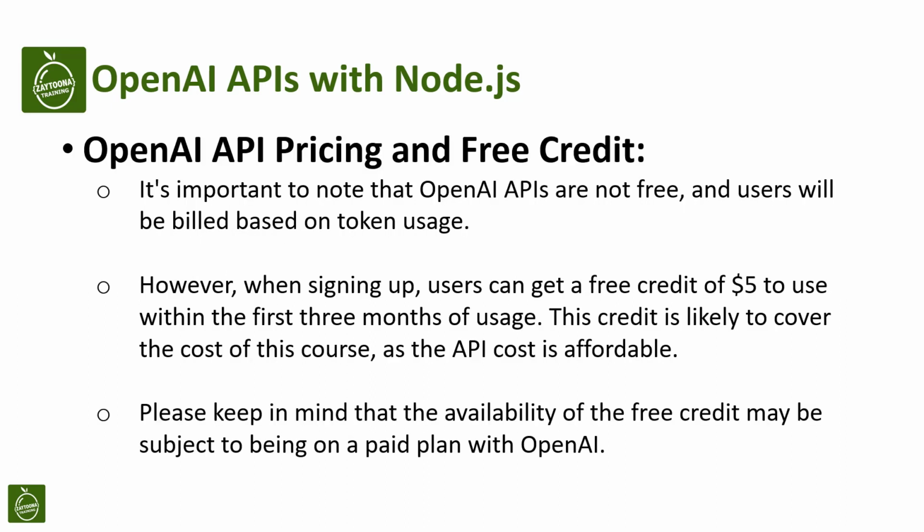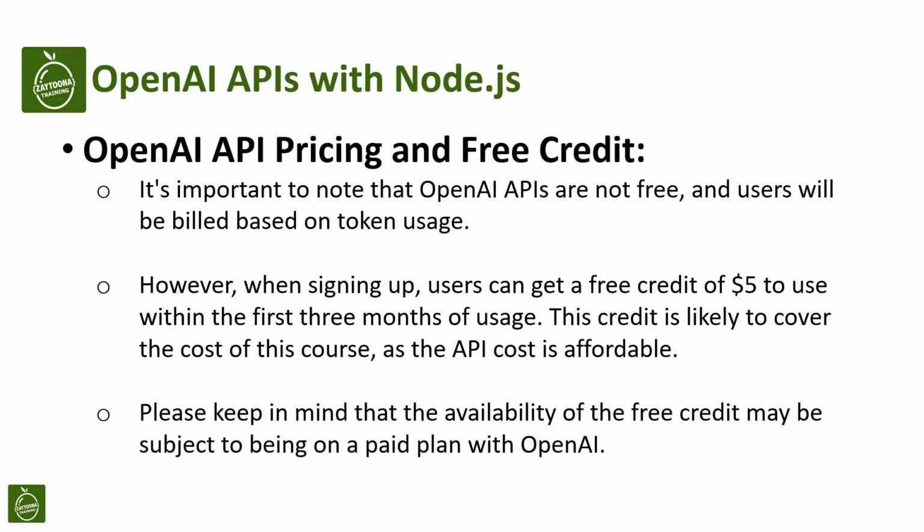Now we will talk about OpenAI API pricing and free credit. It's important to note that OpenAI APIs are not free, and users will be billed based on token usage. We will talk about tokens in the next section. However, when signing up, users can get a free credit of $5 to use within the first 3 months of usage.